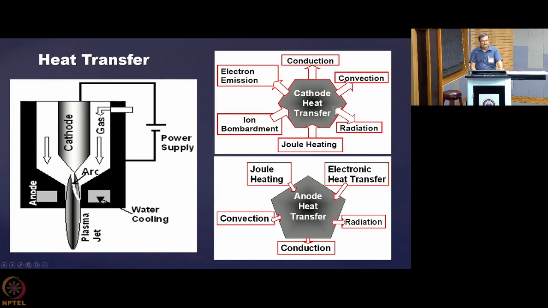Suppose the cooling water enters with a temperature T1 and, after cooling, comes out with a temperature T2. If M is the mass flow rate of the coolant, S is the specific heat, and delta T is T2 minus T1, the temperature rise, then M S delta T gives you the amount of energy lost per unit time through the cooling channel.